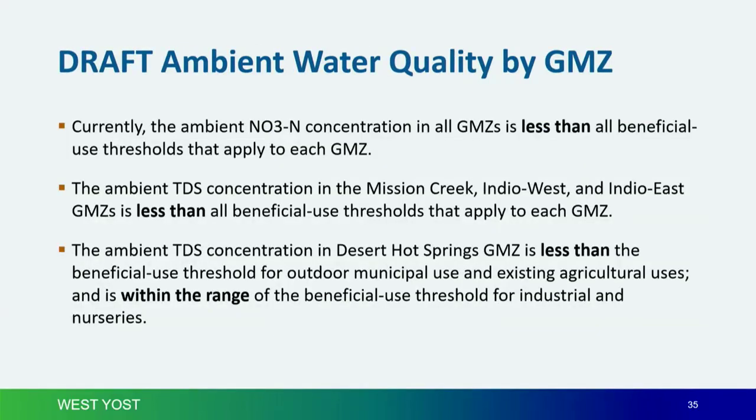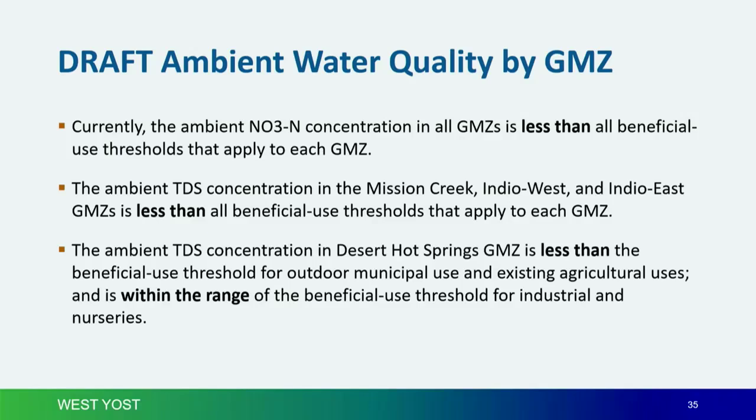And what we've determined is that for nitrate, this first bullet, for nitrate concentrations that they're less than all the beneficial use thresholds that apply for each groundwater management zone. For TDS concentrations in the Mission Creek, Indio West, and Indio East, those ambient concentrations are less than the beneficial use thresholds that apply to each management zone.